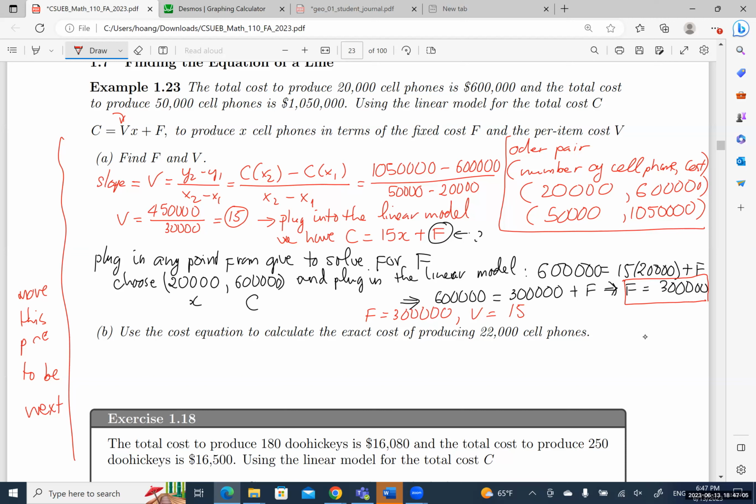So use the cost equation to calculate. So then the cost equation is we have C equal to 15x plus F, which is 300,000.